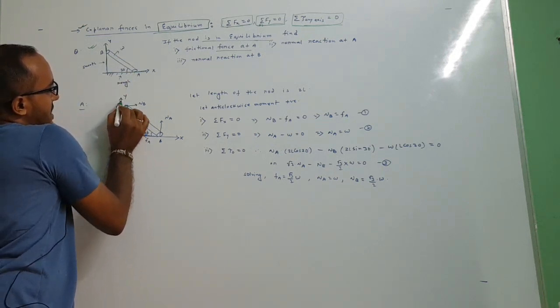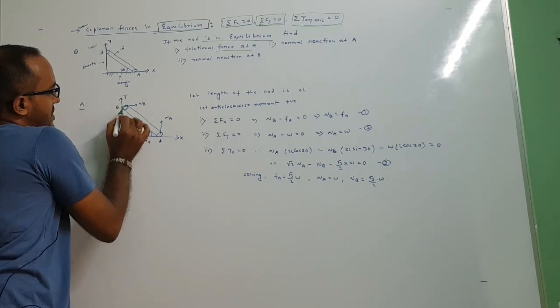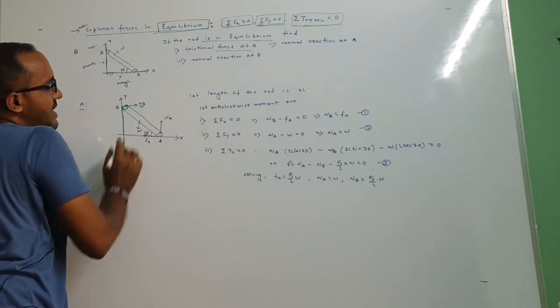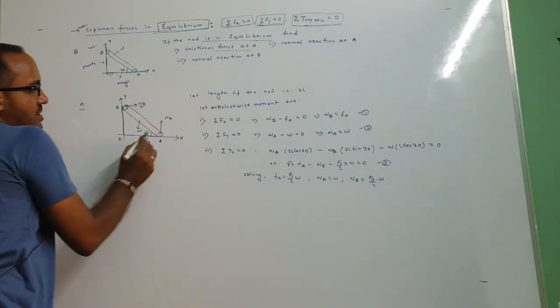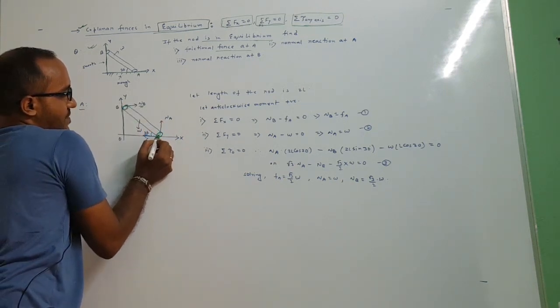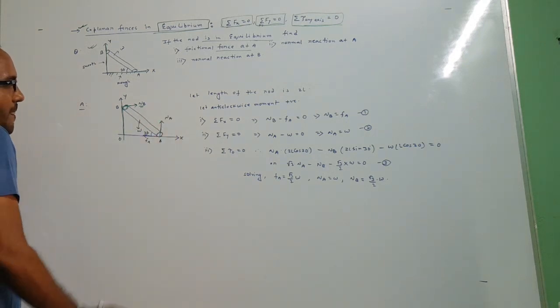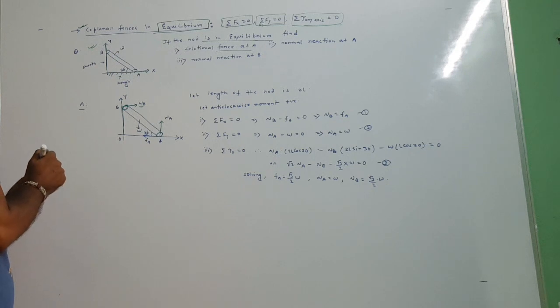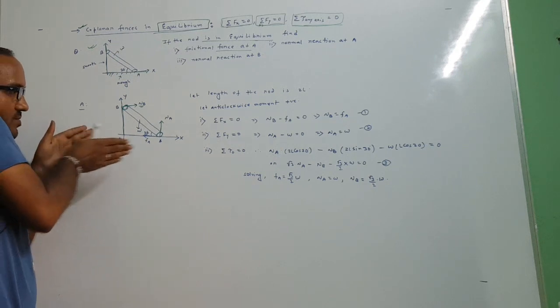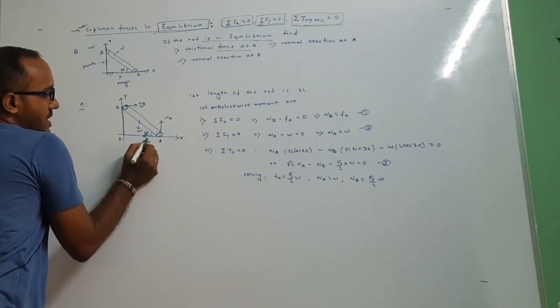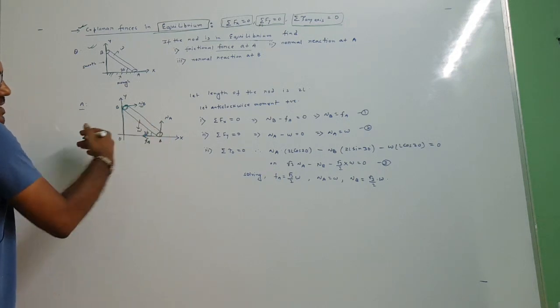Here we can see that the object is touching the point B, that means it should have a normal reaction at B towards the object. Now at point A we have normal reaction force NA. If the object tries to move towards the right side, then our frictional force would be on the left side, that means FA is on the left side.